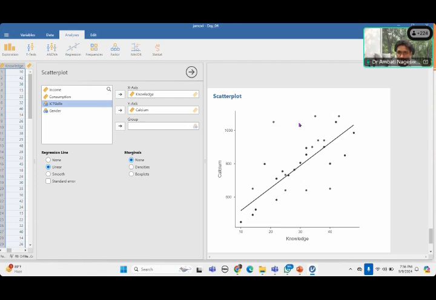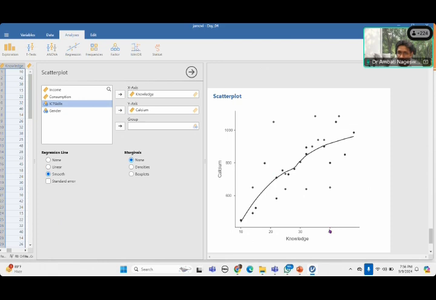But except for one or two, for the most part, we are conducting the knowledge test for 50 marks, from 10 to 50. If you look at it here, as the knowledge test score increases, calcium intake increases. Let me put in a smooth curve. It shows how data is presented here. On the bottom right side, we don't have any data.